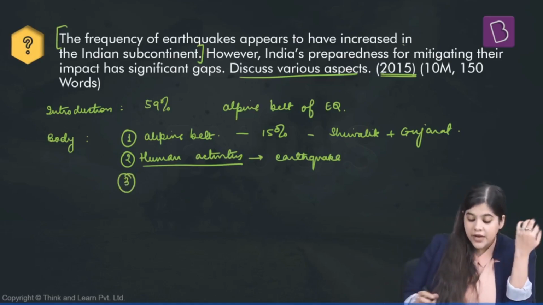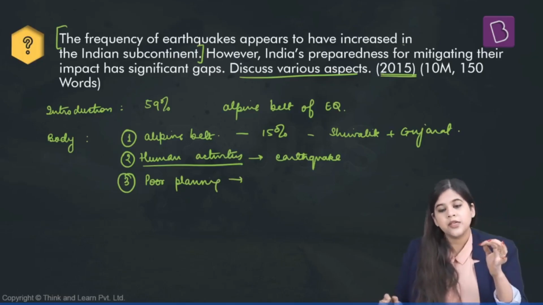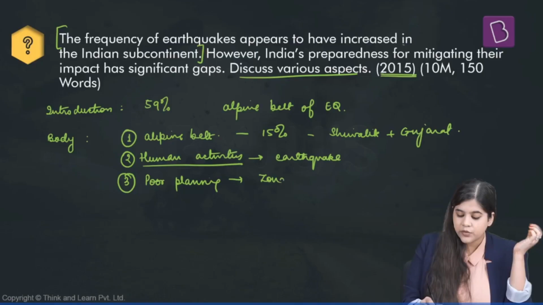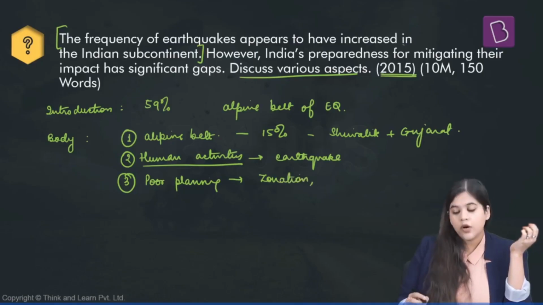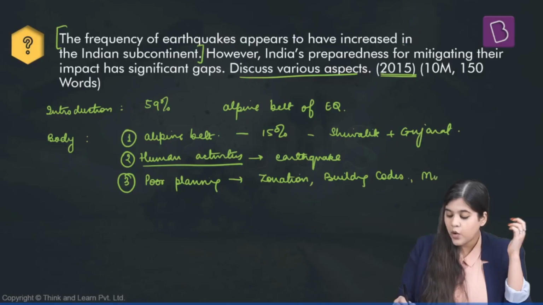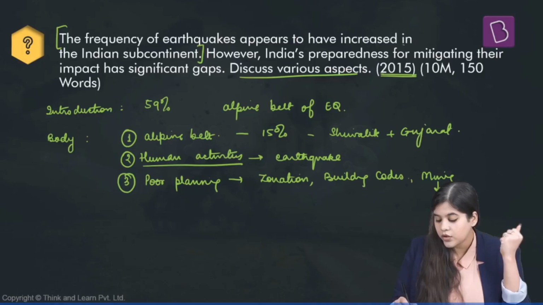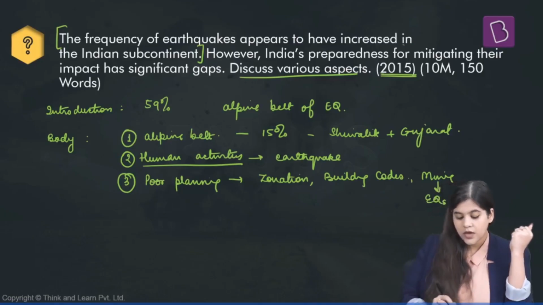Third, there has also been poor planning on the part of human beings. We are not following proper zonations. We are not following proper building codes. And also, we are involved in a large amount of mining that can again cause earthquakes.